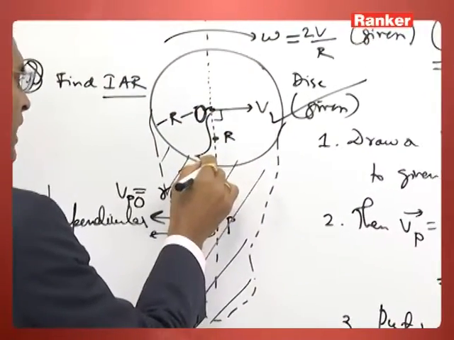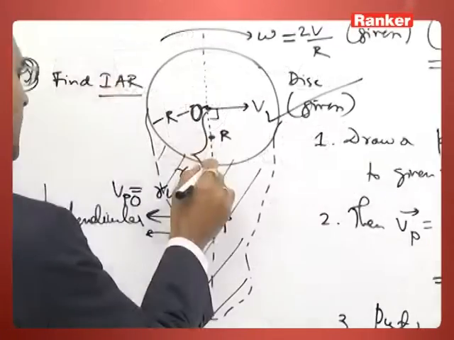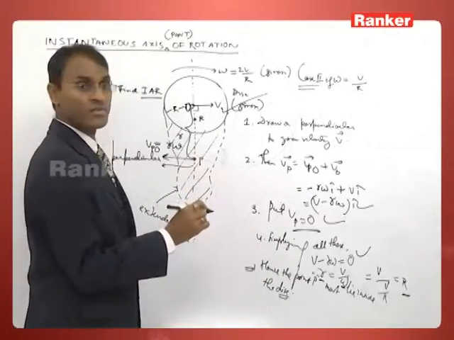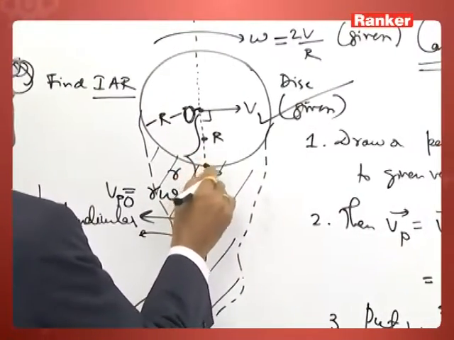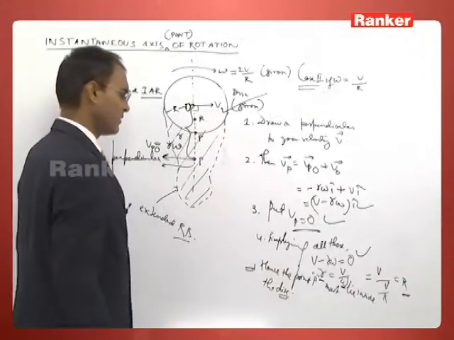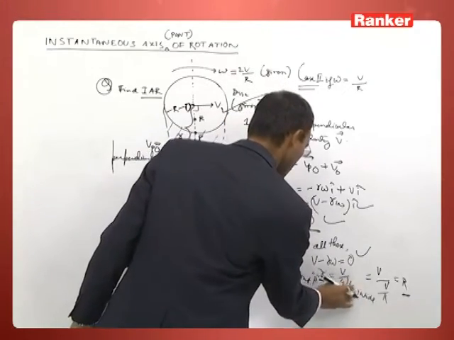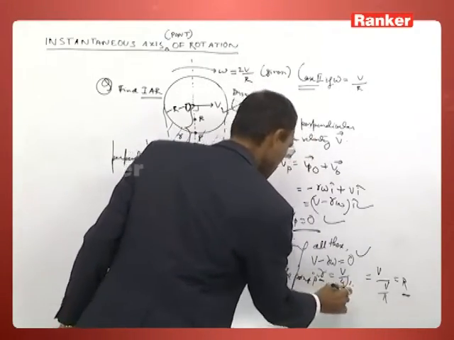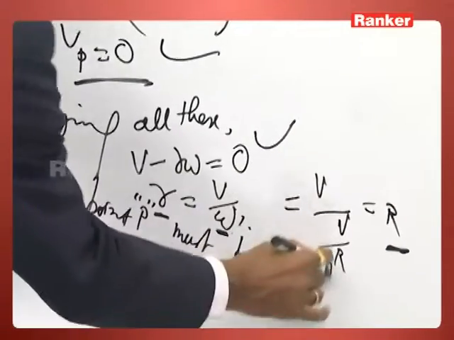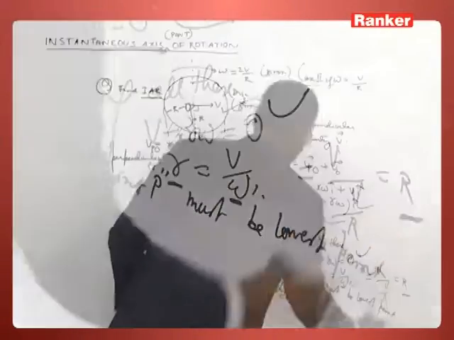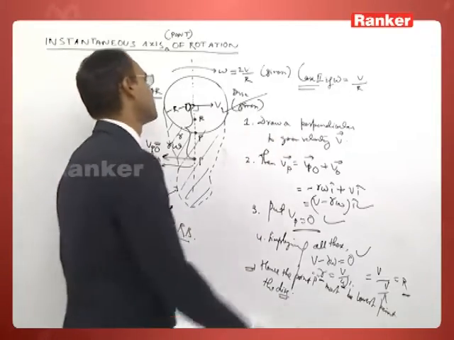Small r is equal to capital R. It means that the location of the instant axis of rotation must be here. It must be the lowest point of the disk.